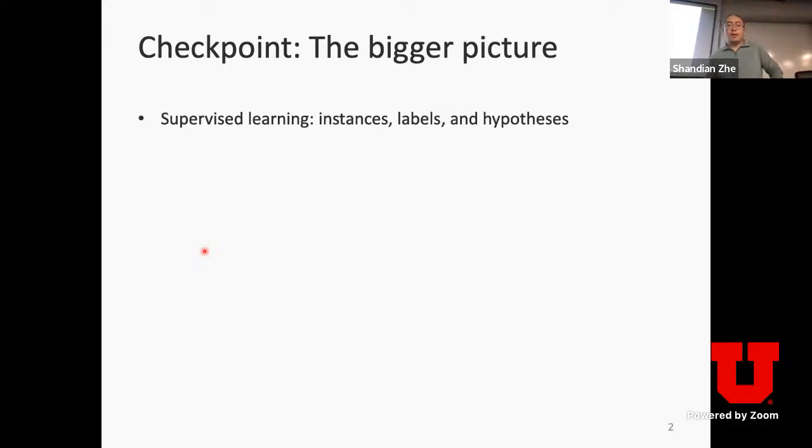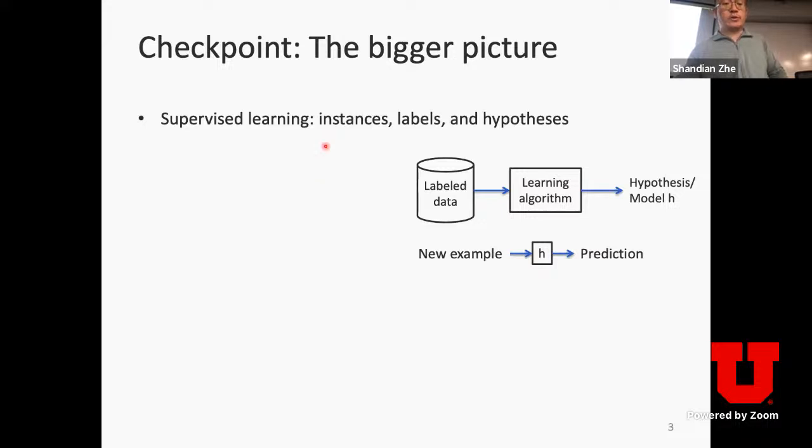Okay, so let us step back a little bit and look at the bigger picture. So far we have talked about the supervised learning framework. We have introduced the basic concepts about instances, instance space, labels, label space, hypothesis, and hypothesis space.